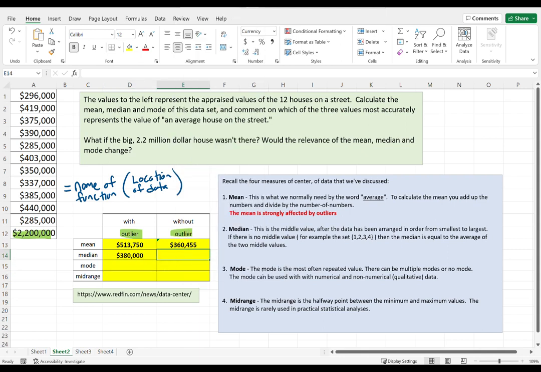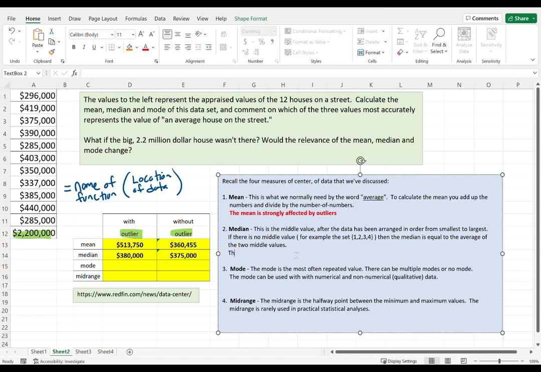And without the outlier, just the first 11, equal median A1 through A11. So you see, there's only a $5,000 difference between the median of all 12 versus the median of just the 11 without the outlier.